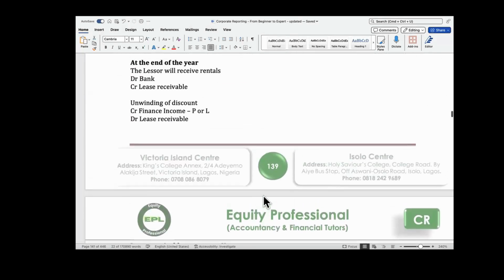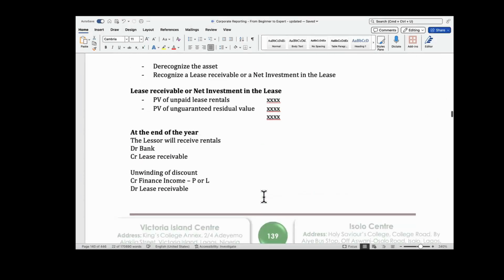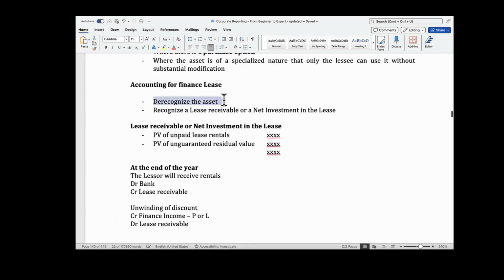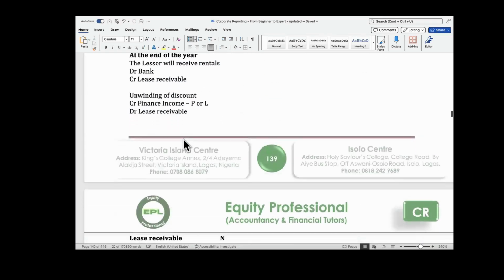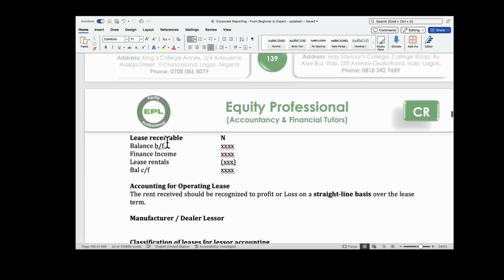But if he leases it out under a finance lease, where he will need to derecognize the asset and recognize a lease receivable, he does all of this that I've taught you. But the key thing here is this.